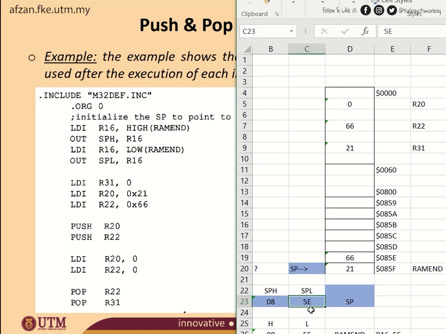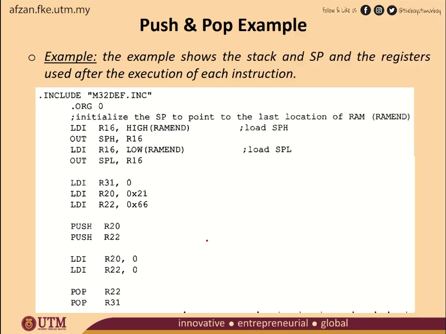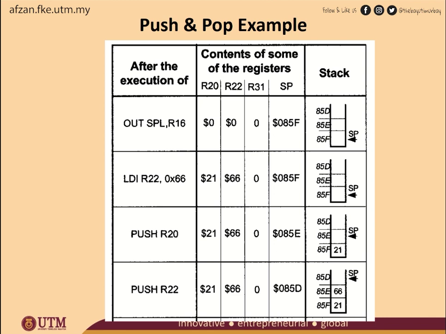So the SPL now changes from 5E to 5F. So this is what happened in this example. This is the explanation of each of the lines from the previous example.